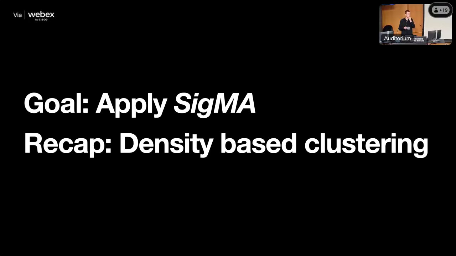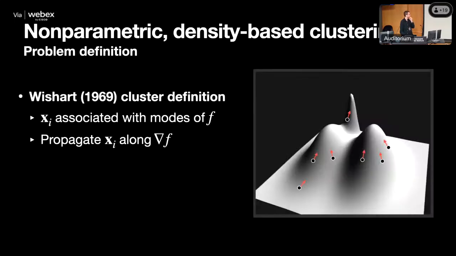So the goal of my work was to hand-tailor clustering algorithms to see if we can disentangle this association even better. I will give you a quick rundown of how this works. I'm using a density-based clustering algorithm, which looks at the density field. One useful definition in clustering is that you assign all points to a cluster if, when you follow the gradient, you end up in a local mode.